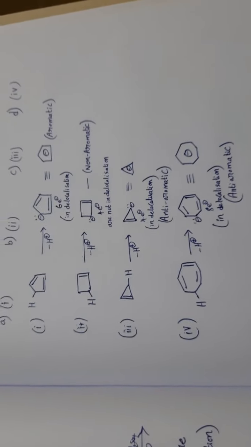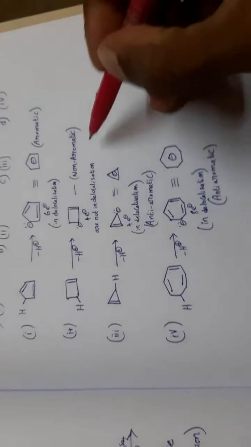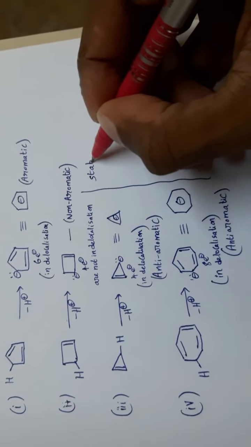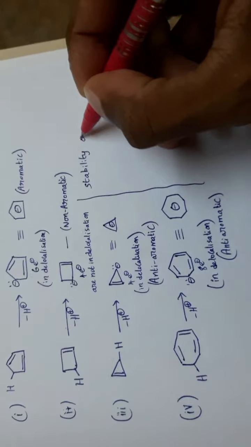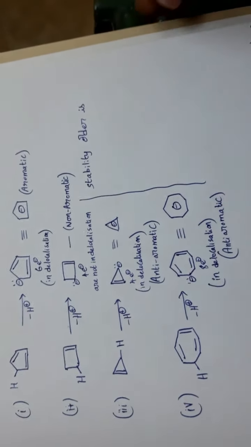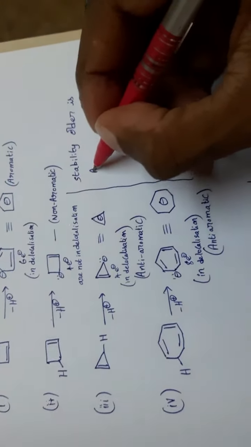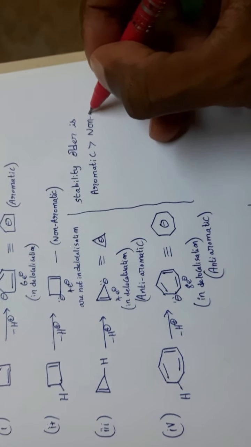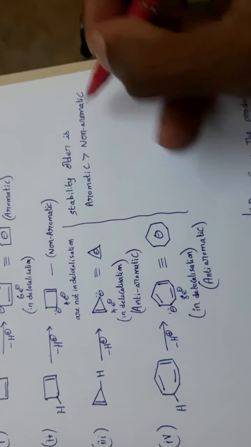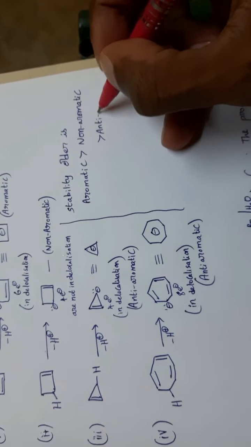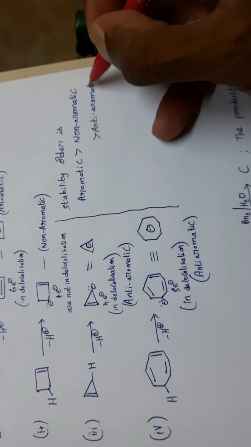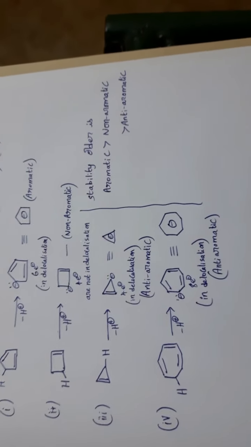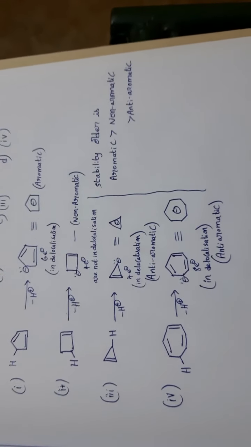Now in these 3 types, if we see the stability order, see here, stability order is aromatic greater than non-aromatic greater than anti-aromatic. So aromatic compounds having more stability and anti-aromatic compounds having least stability.